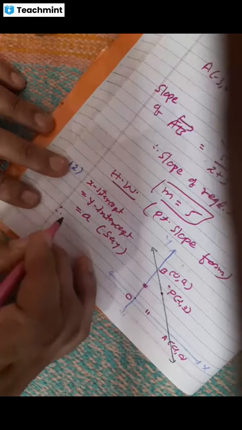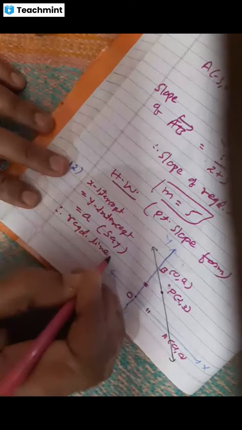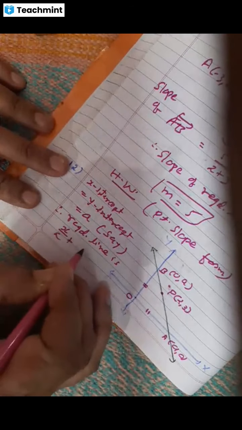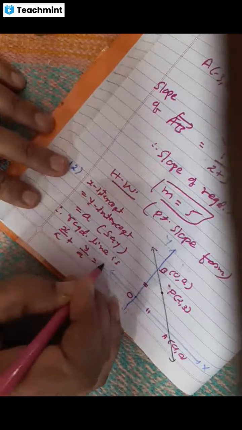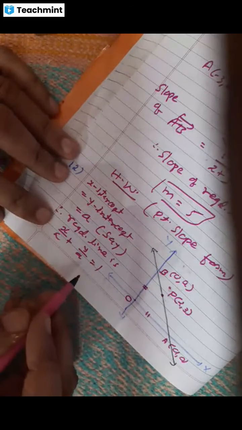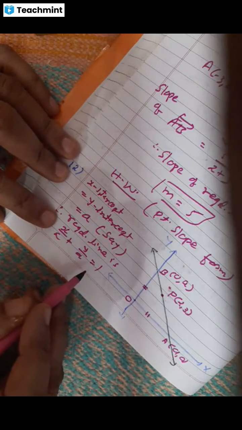And therefore, the required line will be, if you recall the intercept form, x upon a plus y upon a is equal to 1. This will be our required line. Okay, right?